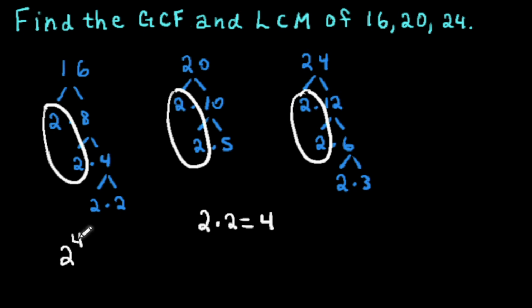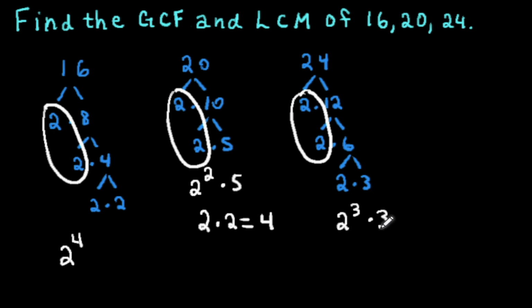Moving on to 20, we have two 2s being multiplied together, so this is 2 squared times 5. And for 24, we have three 2s being multiplied together, so this is written as 2 cubed times 3.